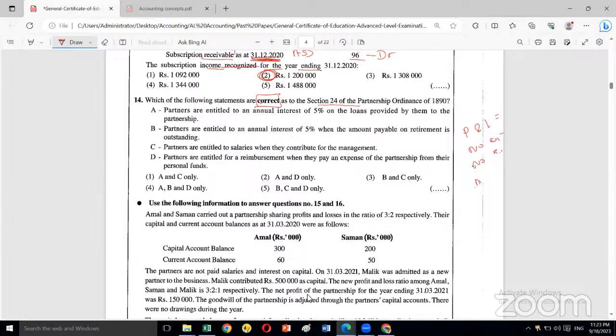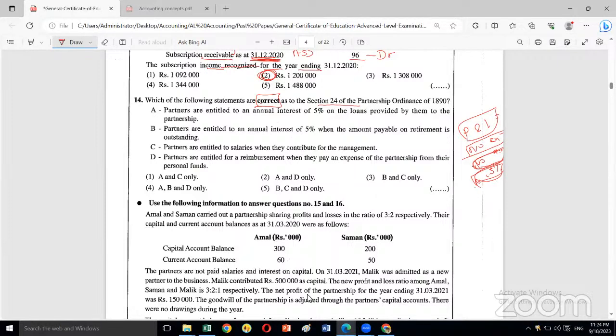Any loan provided by the partners, we have to pay 5% interest. These are the main things said in the Partnership Ordinance.